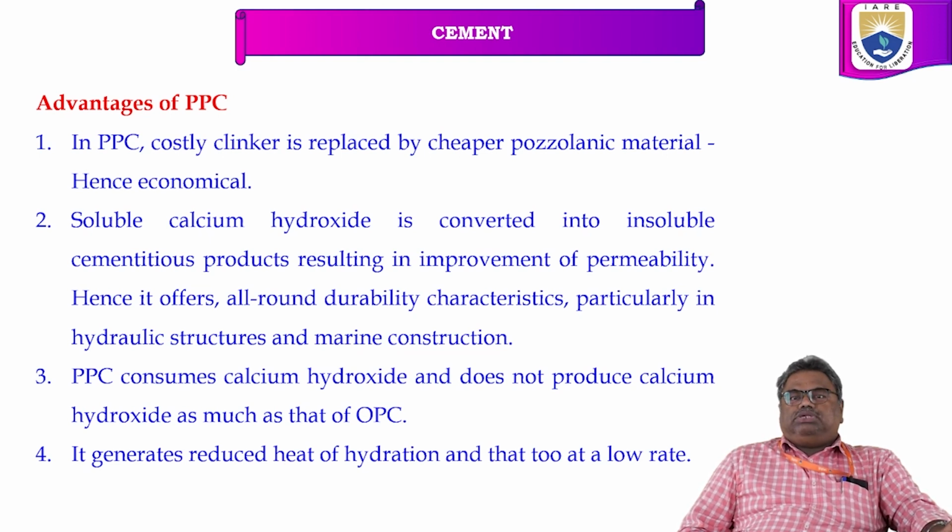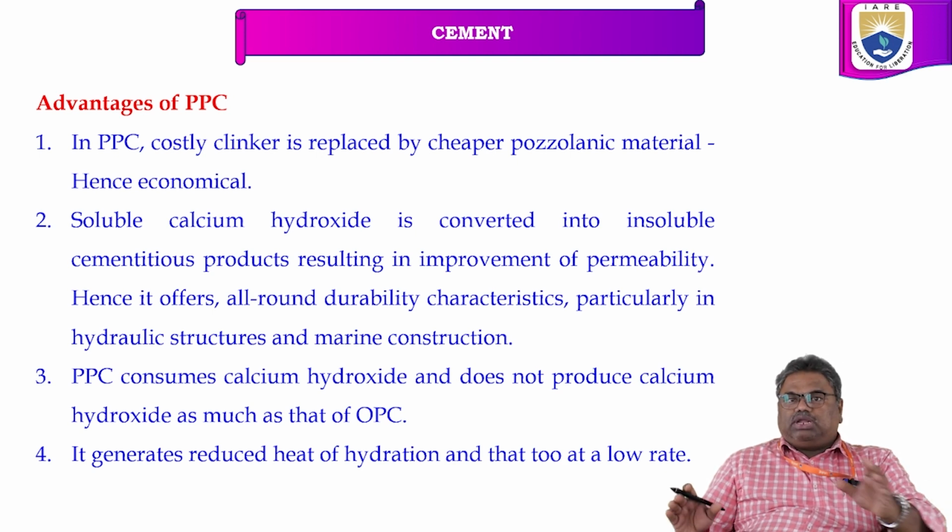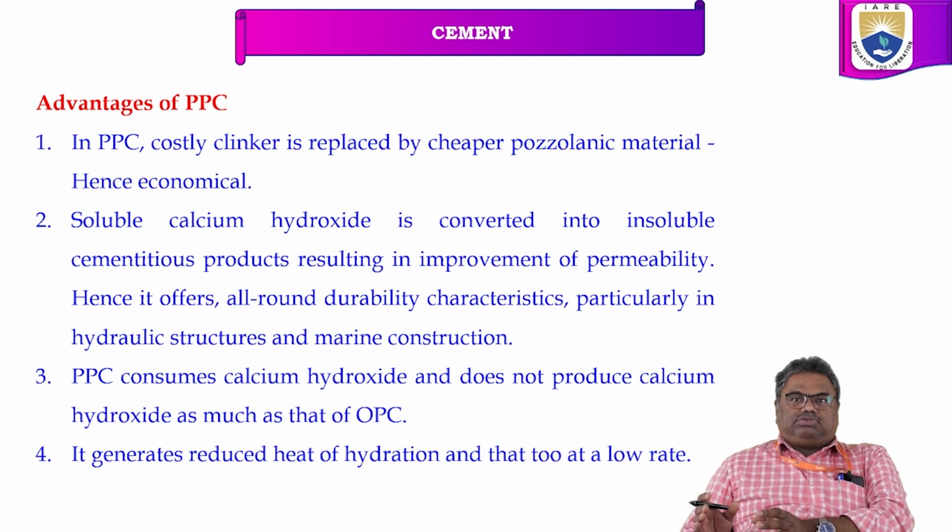In the case of OPC, during the hydration process, when cement is mixed with water, the byproducts will be CSH gel and calcium hydroxide. So in OPC we will get a lot of calcium hydroxide. But in the case of PPC, whatever we get from the OPC clinkers and water, we will get some amount of calcium hydroxide, right?